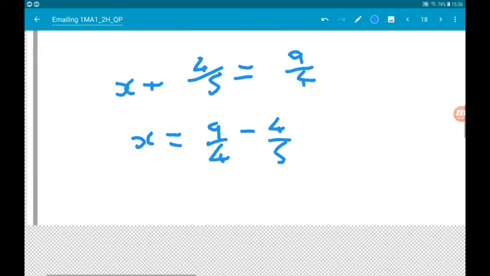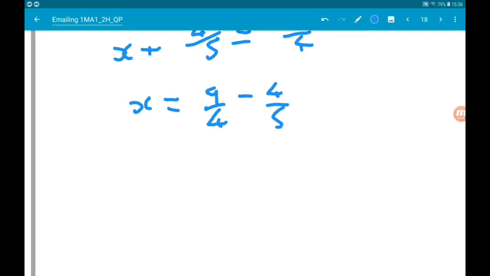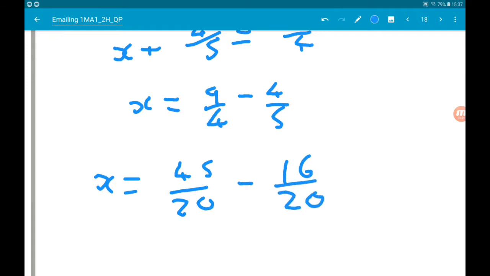Now you can work that in your calculator, or we could just say x is, so go for common denominators, which would be 20, so 45 20ths minus 16 20ths, and that is going to give us 29 20ths.